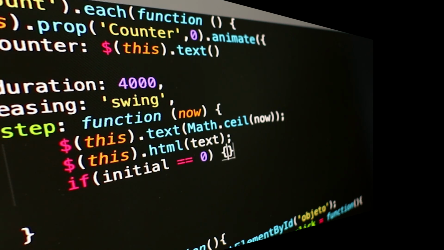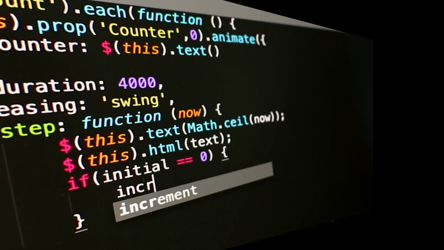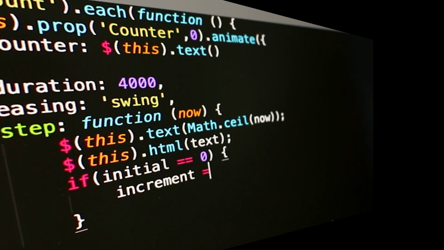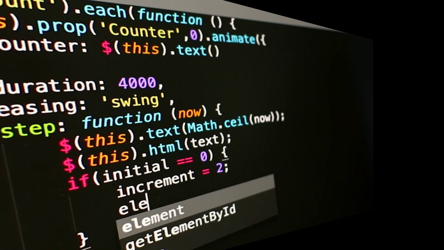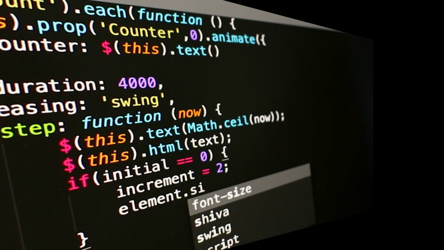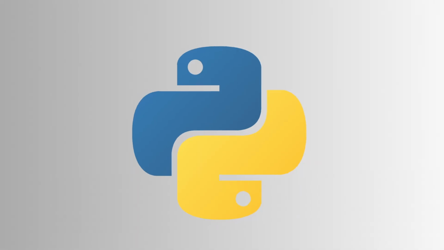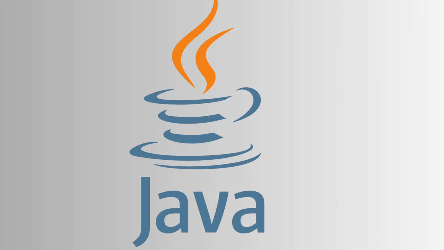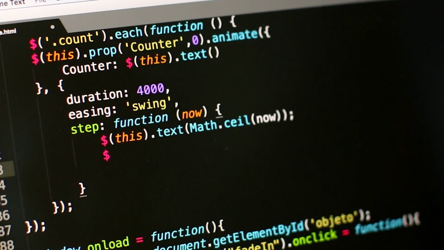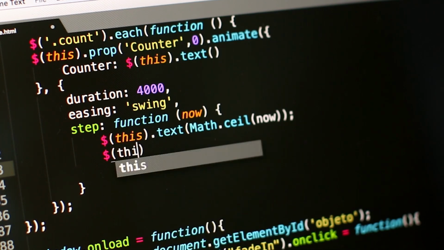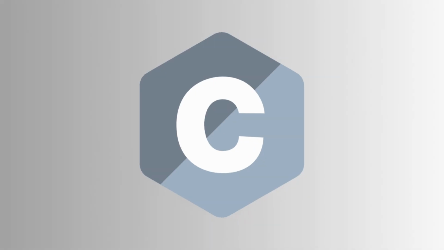The instructions are written in a special language that computers understand, and that language is called a programming language. You must be familiar with or must have heard about programming languages like Python, JavaScript, Java, or the one we will be dealing with in this series, which is C language.